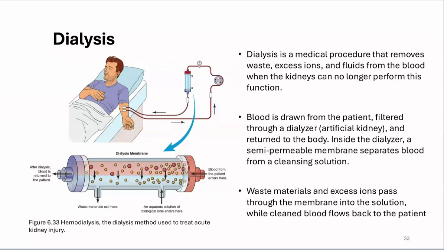Since the kidneys in the body cannot filter out those excess ions or waste, when the blood is passed through the artificial kidney, the waste materials and excess ions pass through the semi-permeable membrane into the cleansing solution, and that's how the blood gets cleaned, and clean blood is then returned to the patient in the process.